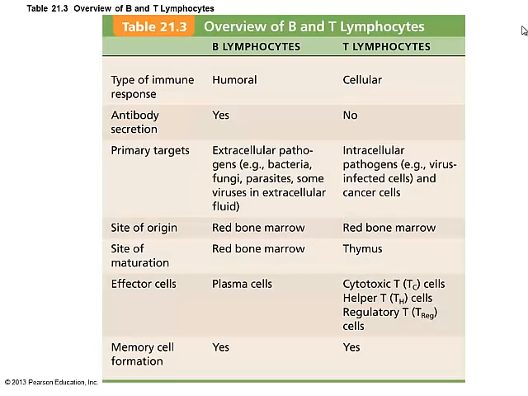And the memory cells are going to allow us to have a very rapid response to a second exposure to an antigen. So this diagram here, or table 21.3 on page 779, gives us a nice breakdown of some of the differences between B cells and T cells. So you should know the difference between a B cell and T cell.